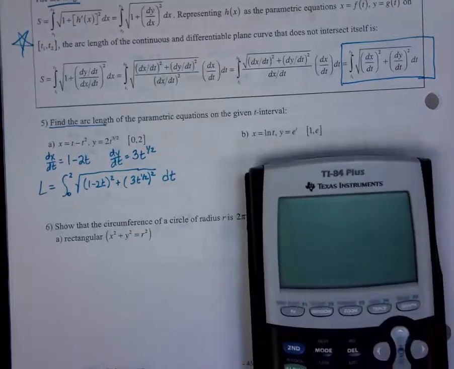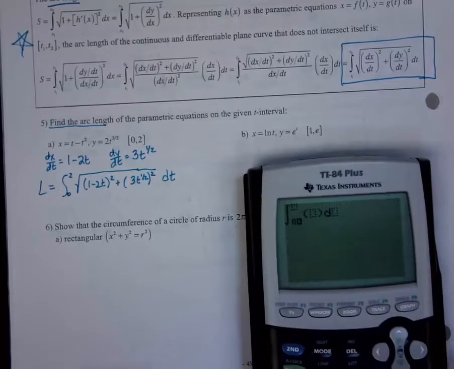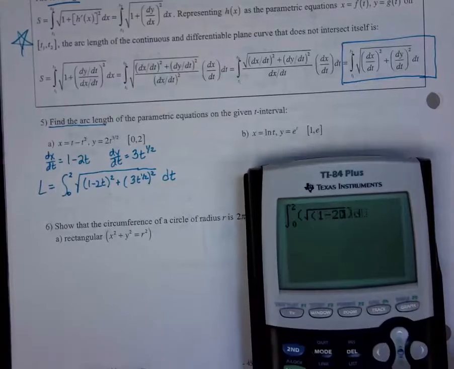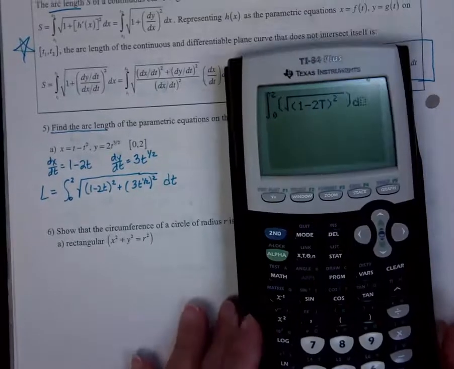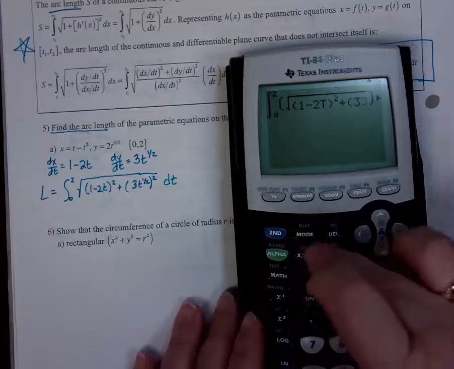So, clear this out. So we have Math 9, our favorite friend, 0 to 2. Square root first, then a parentheses. Not a comma, parentheses there. So 1 minus 2t, parentheses squared. Plus, parentheses, 3t, up arrow, 1/2.